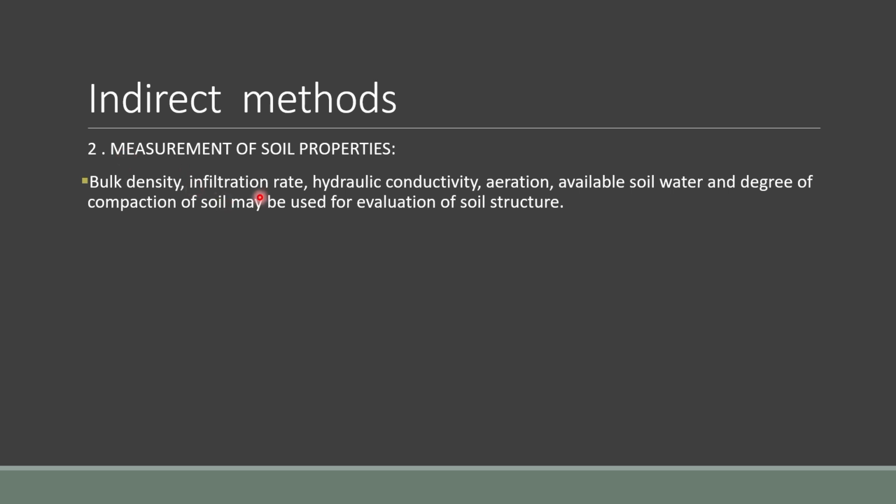For good soil structure, bulk density should be lower, infiltration rate greater, hydraulic conductivity greater, aeration greater, and available soil water optimum. Optimum means the plants and the microbes present in the soil should get enough water. Then the degree of compaction should be lower. So we can say the soil structure is good.